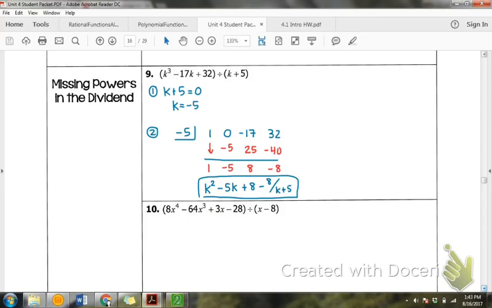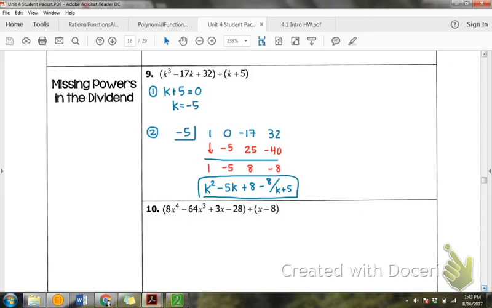Okay, so listen carefully to these instructions. 3, 5, 7, and 9 need to be done by long division.